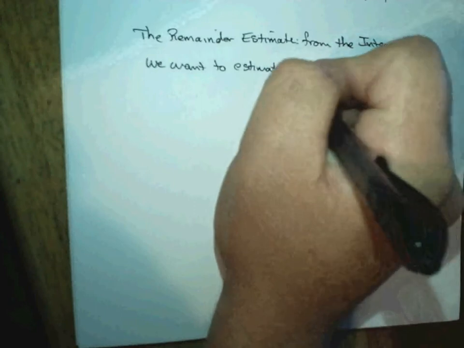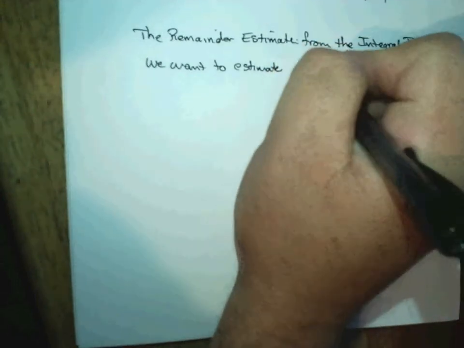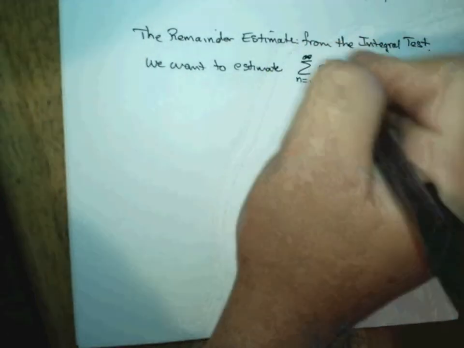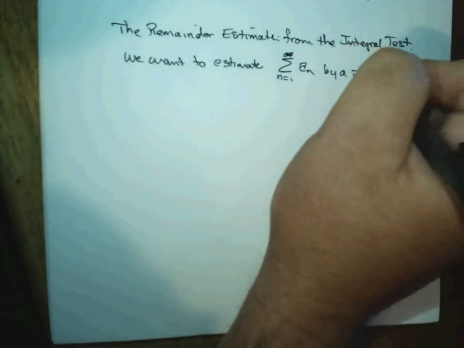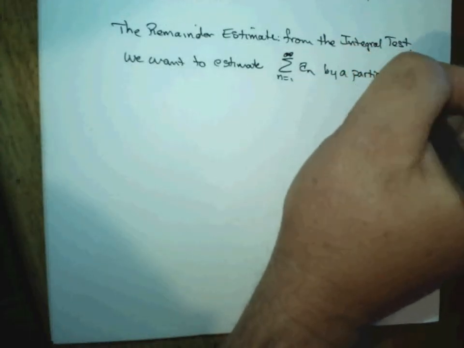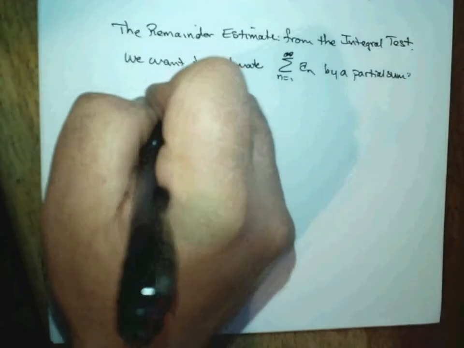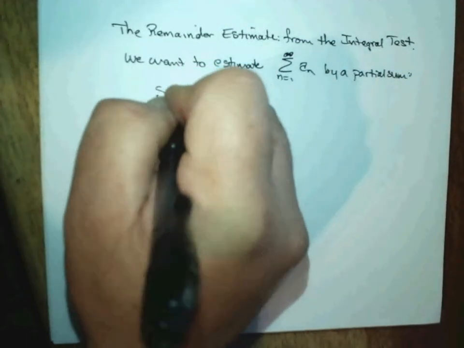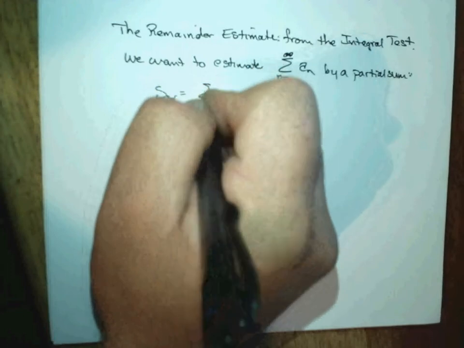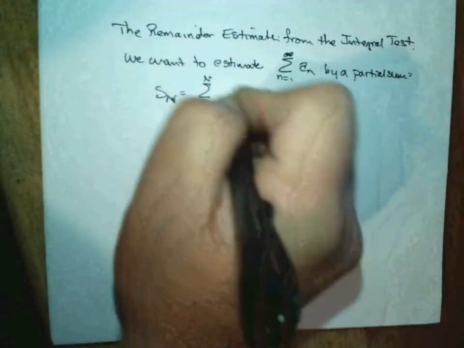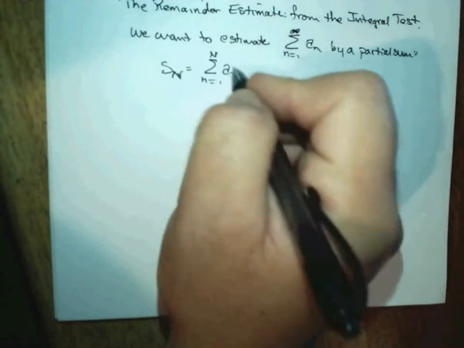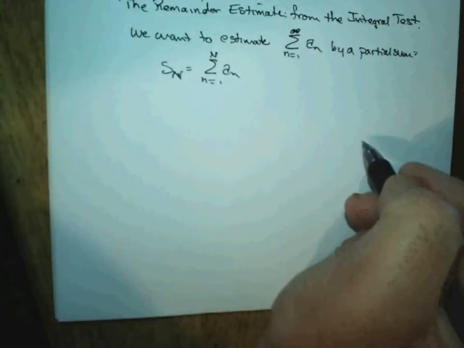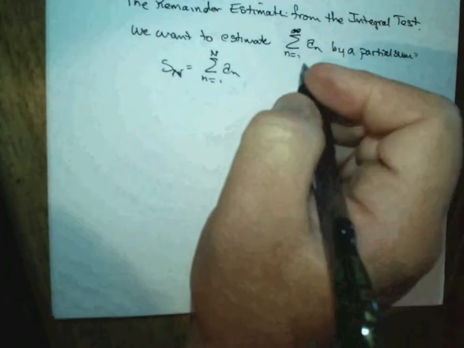We want to estimate the sum of a series from 1 to infinity by a partial sum. Say S sub n is the sum from 1 to capital N. And I want to know how far off that is from the infinite sum. That's what we mean to try to estimate.